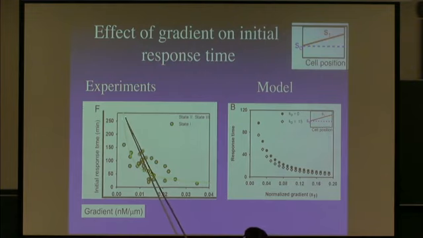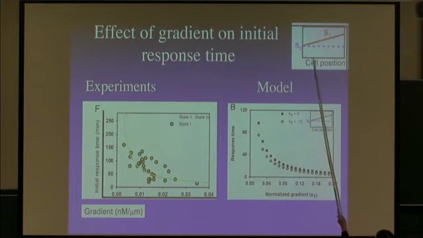The experiments show that as you increase the gradient, this is the level of the gradient here, this is the time it takes a cell to respond, the higher the gradient, the faster cells respond. Same thing with the model. Again, here the gradient of the rapamycin is represented by a slope S1 and by a kind of baseline height S0.